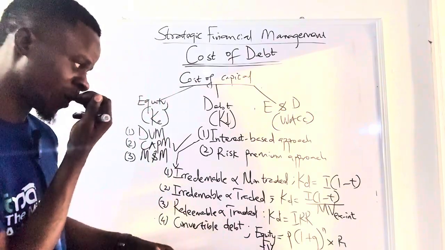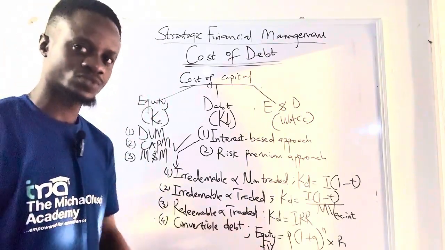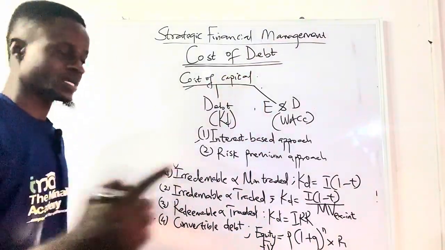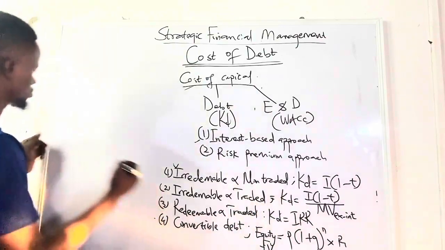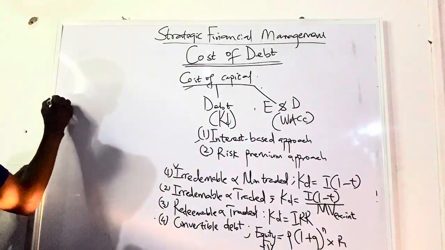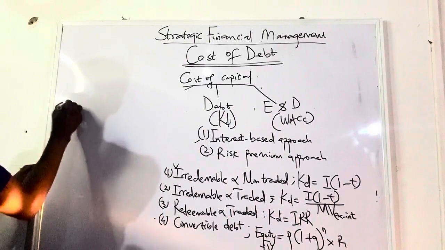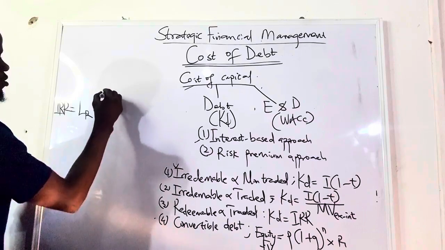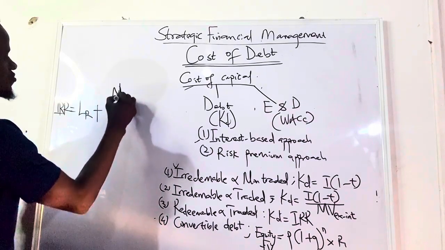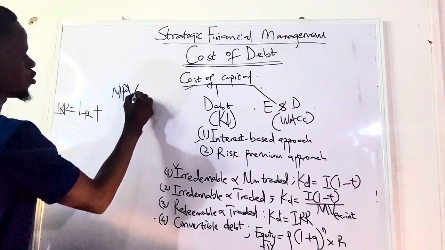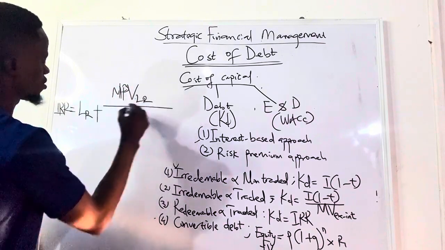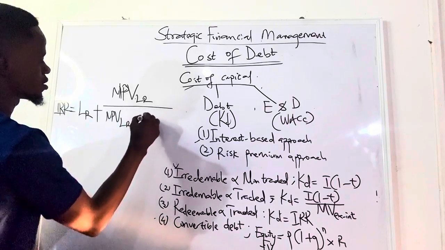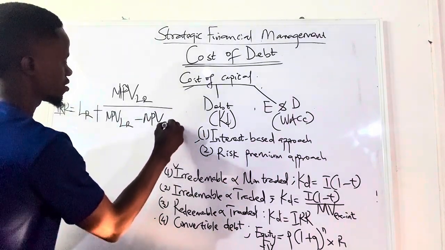So let me quickly talk about IRR now. Let's move on. Let me write out the formula for you. So I want to write the IRR because I don't want to clear these. So IRR, which is the same thing as KD, cost of debt, is equal to lower rate plus NPV of lower rate over NPV of lower rate minus NPV of higher rate.